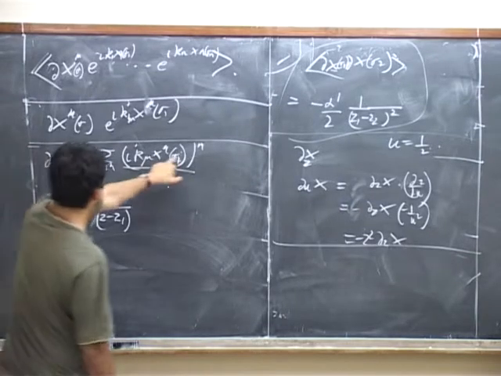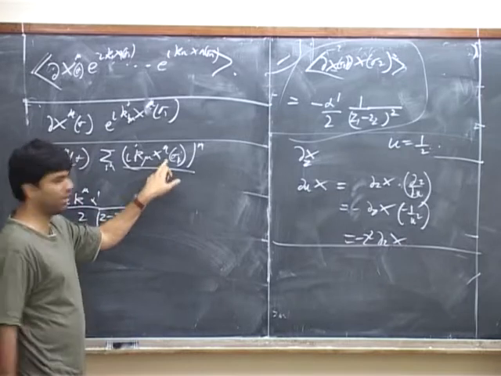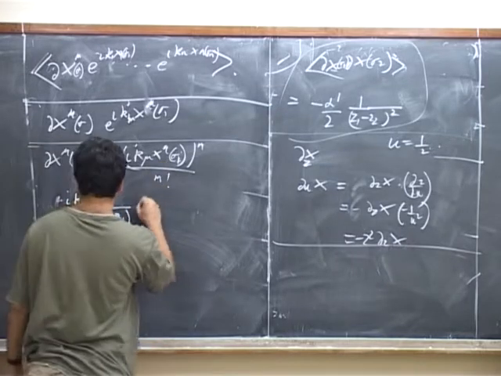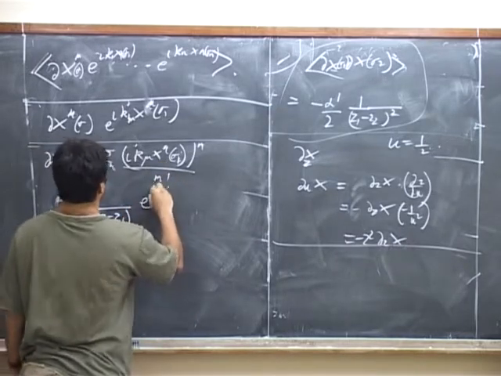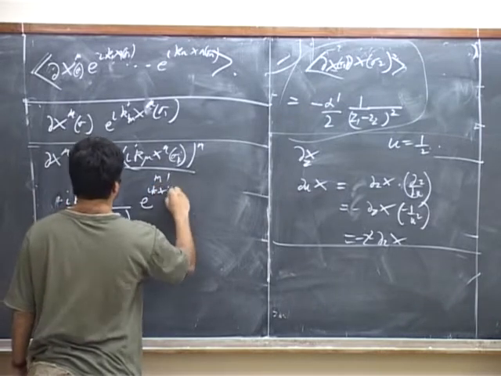We get the factor of m because we have m possible ways in which to contract. That cancels the m factorial, and this just becomes e to the power i k.